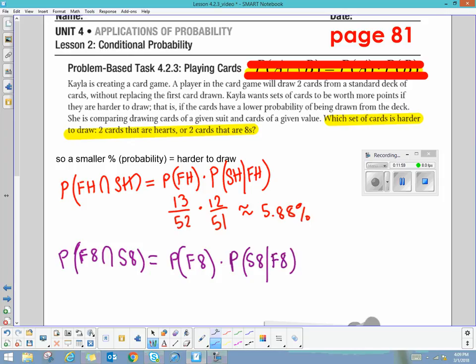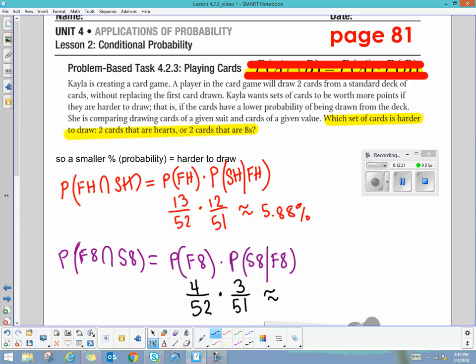Well, we only have 4 cards with the number 8 on it out of a deck of 52. Times, well, if I picked one and I'm not going to put it back, making this a dependent event, now I only have a chance of 3 out of 51.